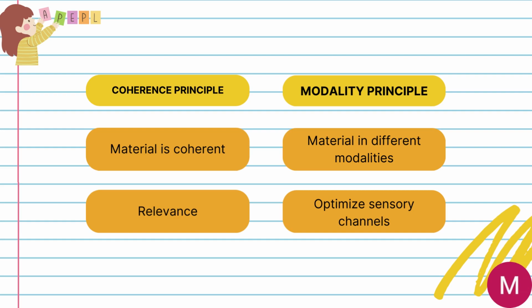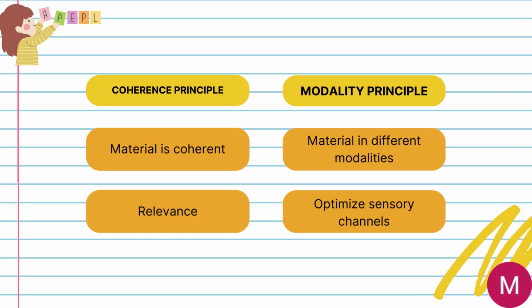The coherence principle centers on making sure that the material is connected and presented coherently, while the modality principle emphasizes presenting the material through different modalities.